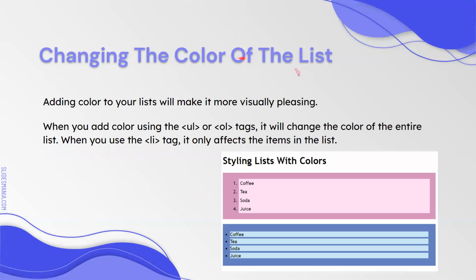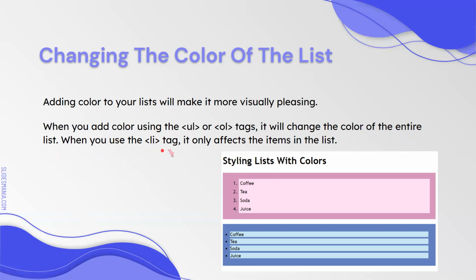And then changing the color of a list. Adding color to your list will make it more visually appealing, because no one wants a regular old gray and white set of lists. When you add color using the UL or OL tag, it'll change the color of the entire list.